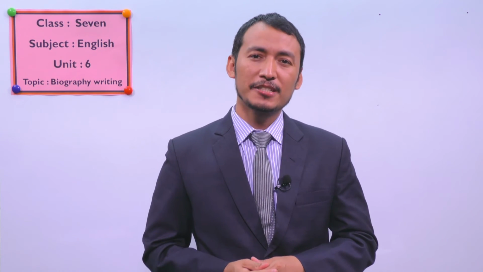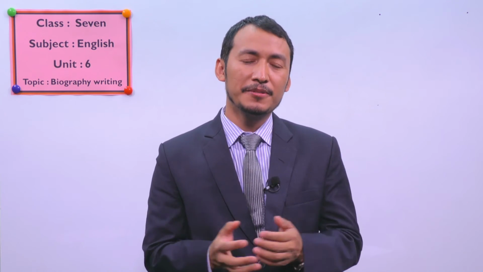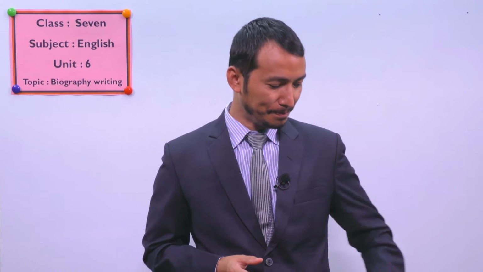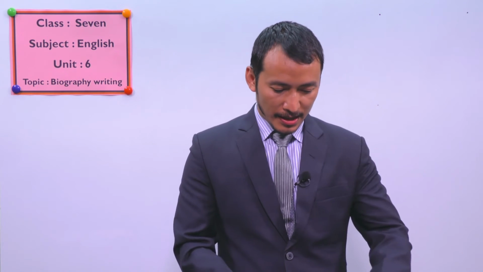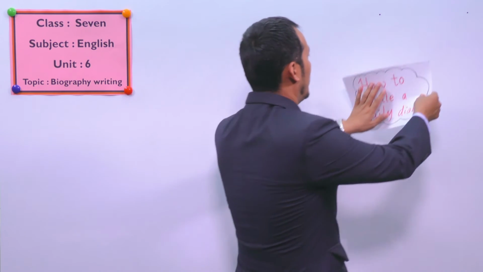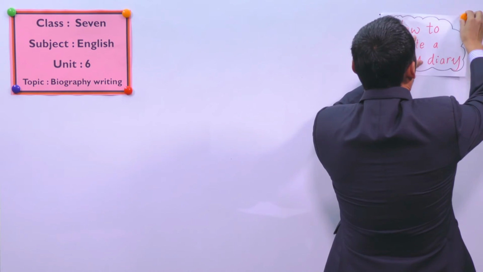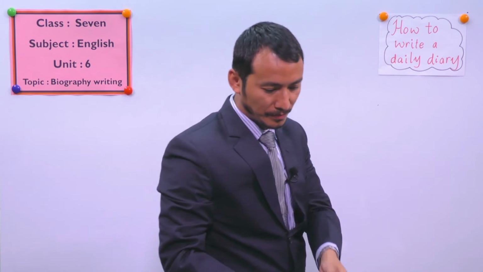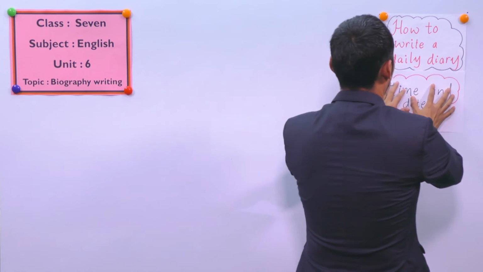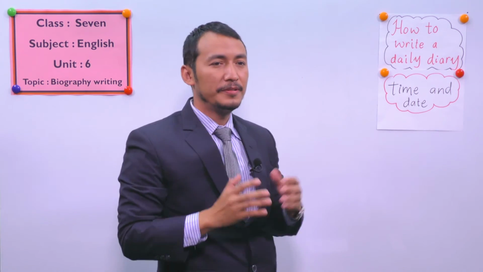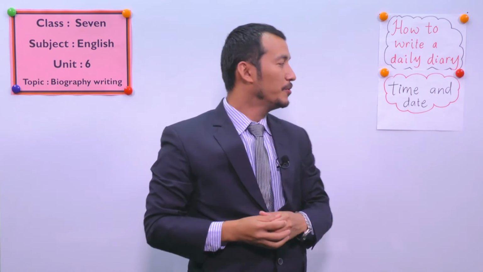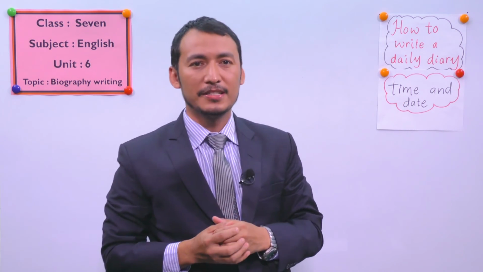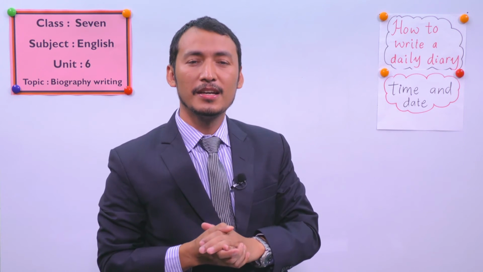Let me now explain to you the steps or the things that you need to consider while writing a diary. Well, how to write a diary? When you are going to write a diary, you have to first mention time and date.